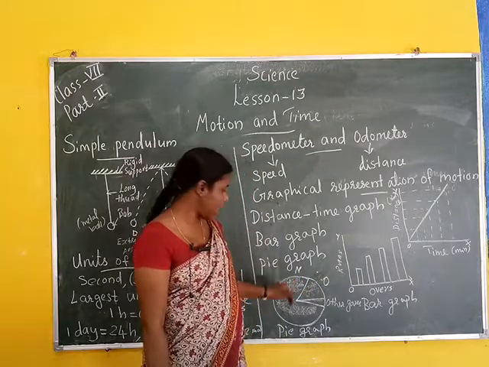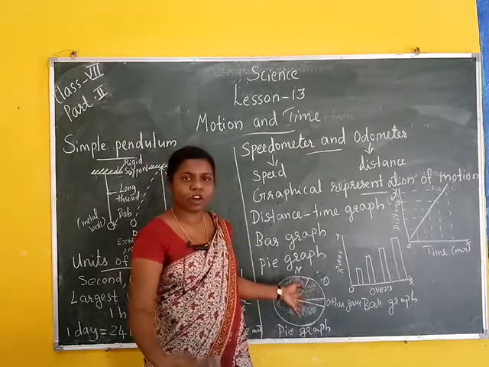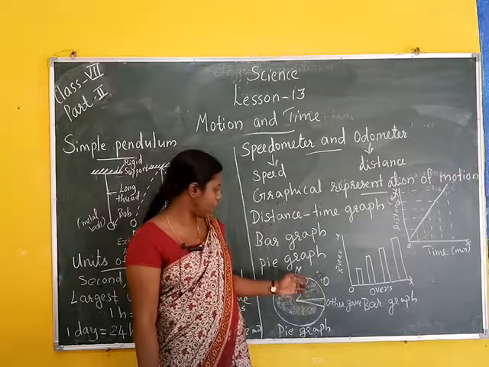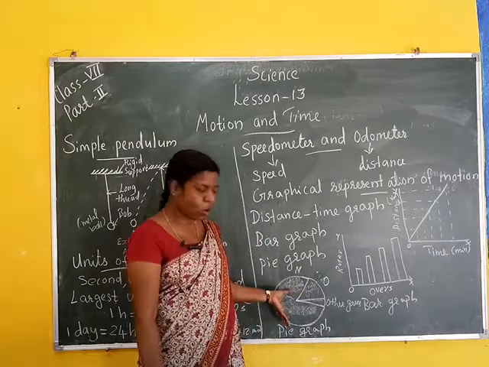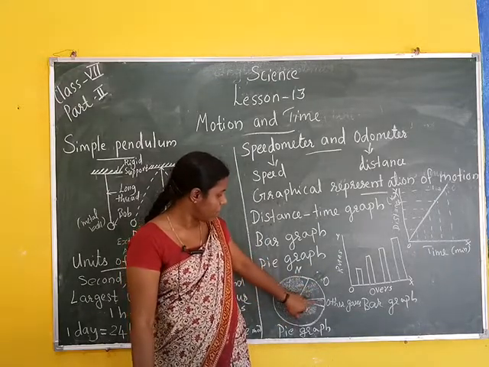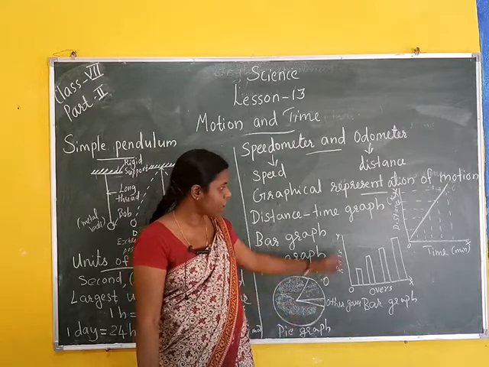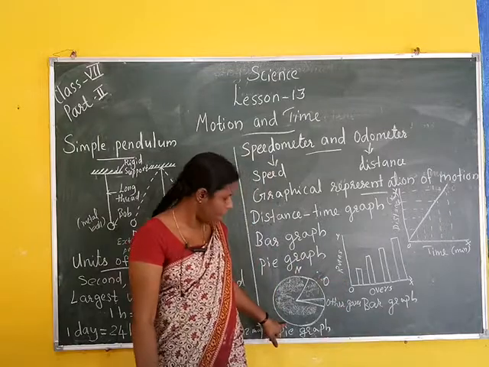Next is the pie graph. A pie graph represents percentages. For example, our environment contains gases: nitrogen, oxygen and other gases. Nitrogen is the largest amount, so it takes this area, then oxygen, then other gases. These are the distance time graph, bar graph and pie graph.